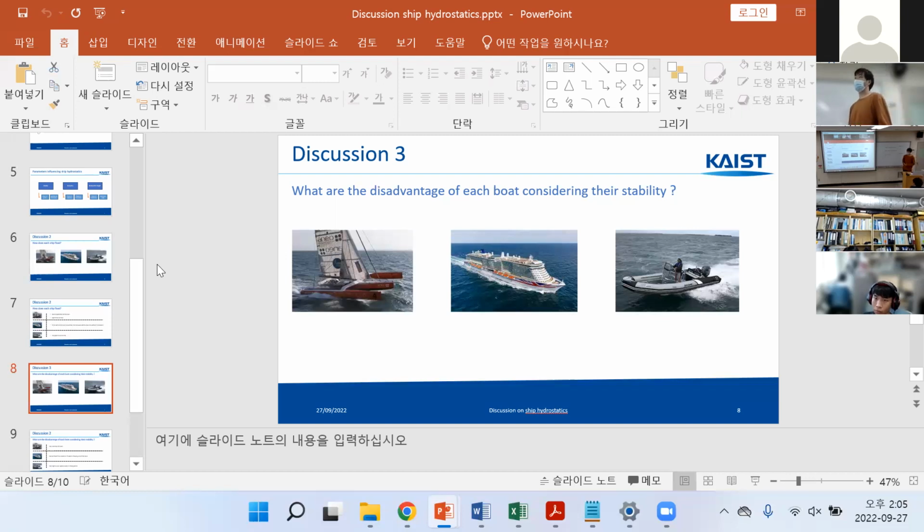Also for the first and last one, there is movement in the boat, people walking or moving. It will create a moment in the boat, so it is sensitive to the load distribution.